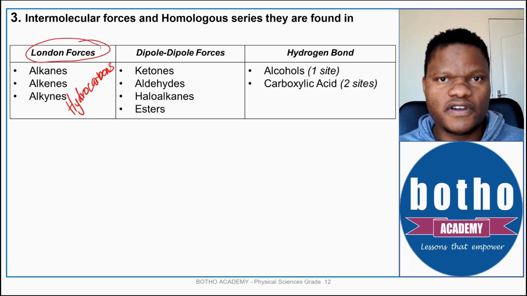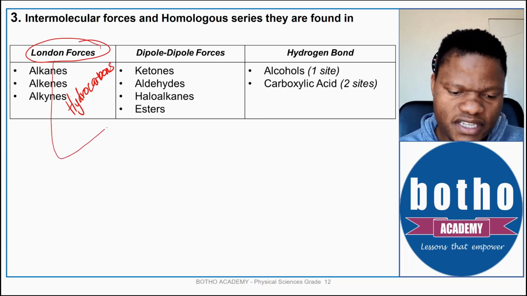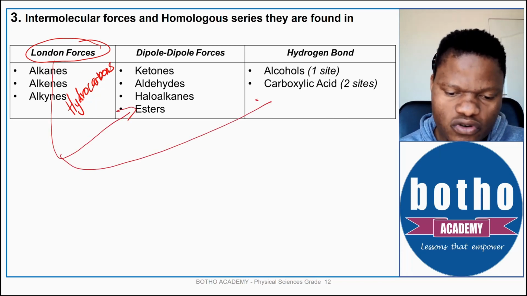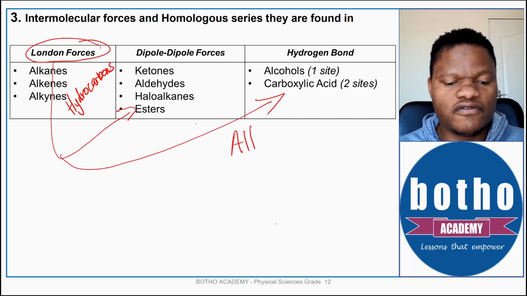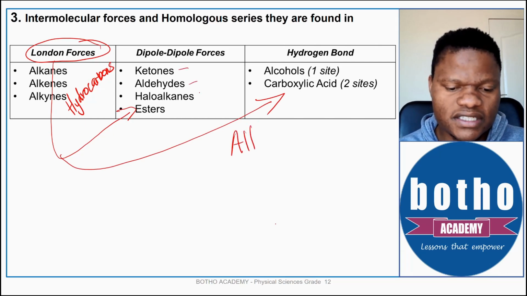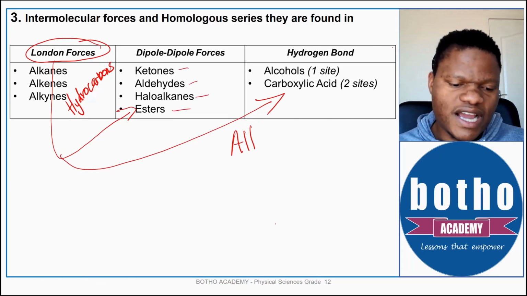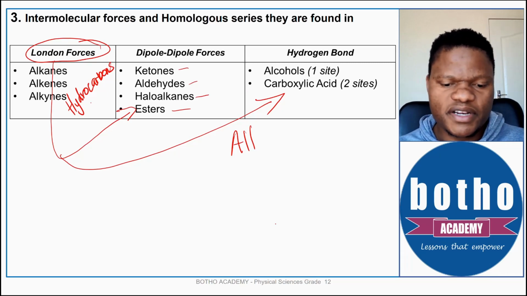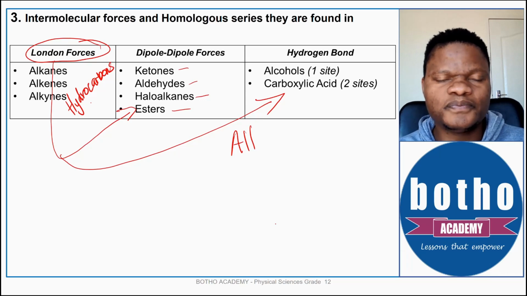Now I need to clarify something about the London forces. These London forces are actually present in all the homologous series. In all of them we do find London forces: in ketones, aldehydes, haloalkanes, esters. So London forces are not only present in the hydrocarbons. No, they are present in all the types of homologous series.